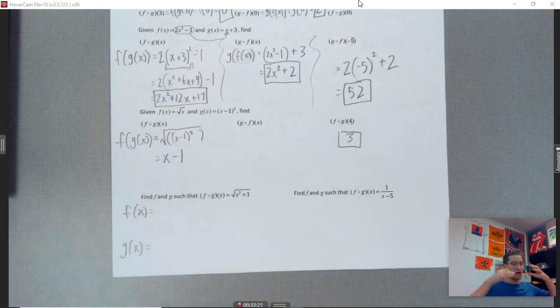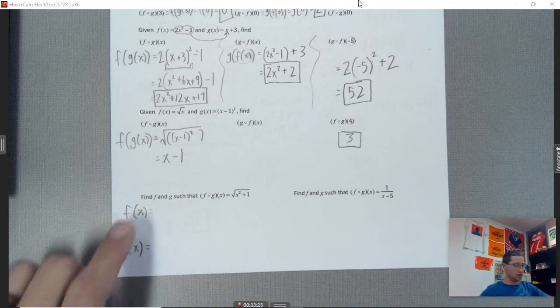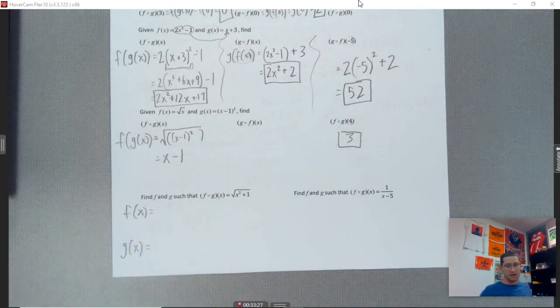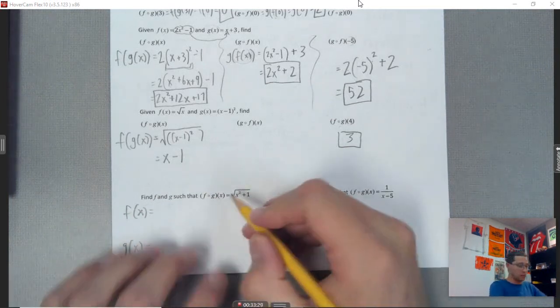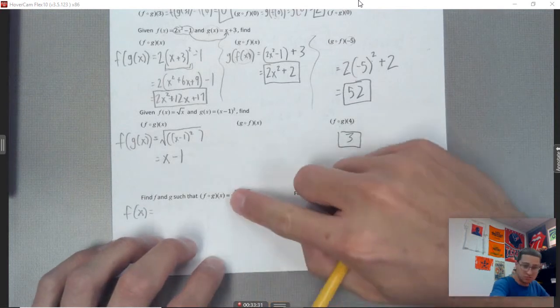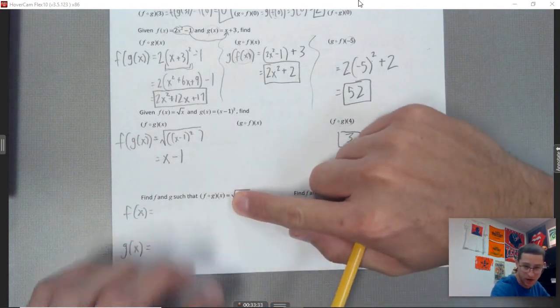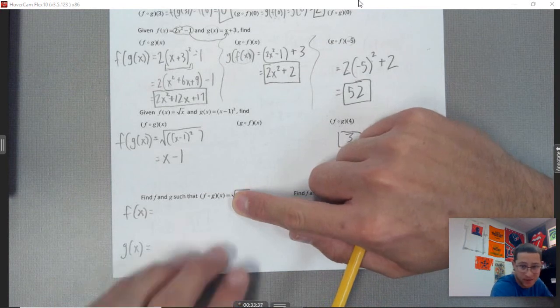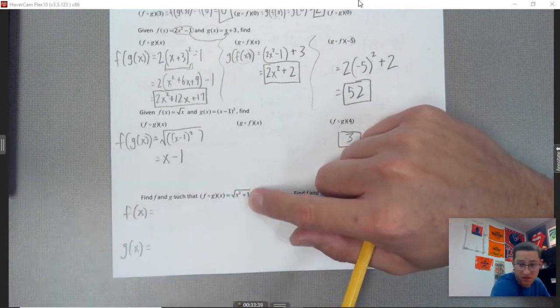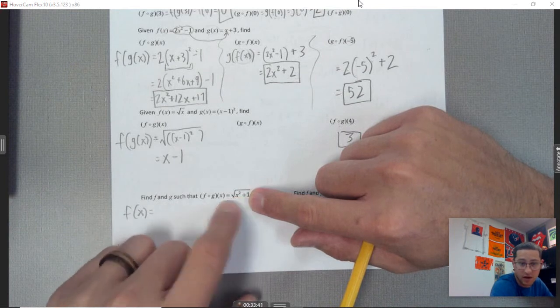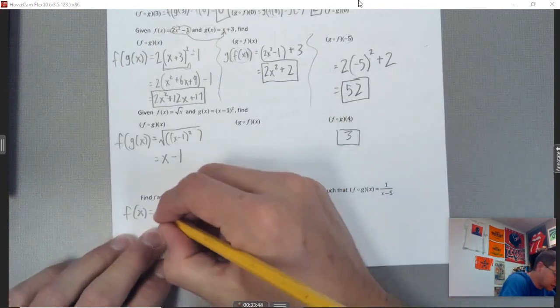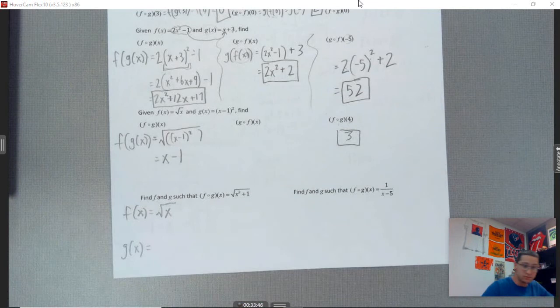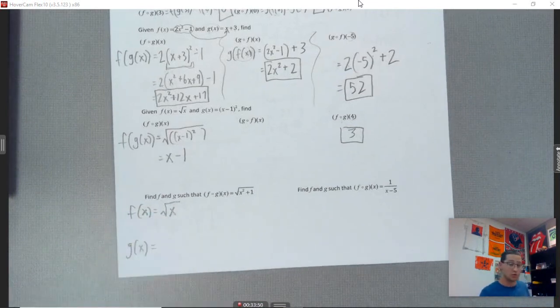So I have to think about the big overarching operation for this f of x. Maybe I notice the operation of the square root, and I just forget about the rest of that. So I've got the square root. If I want to make my g of x this inside stuff, that could work. And then I would make my f of x just the square root of x.